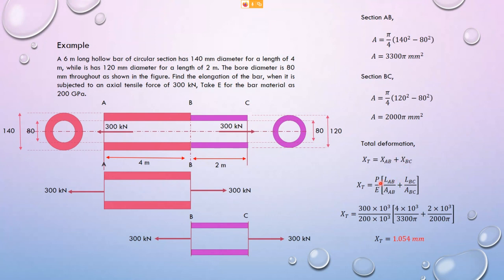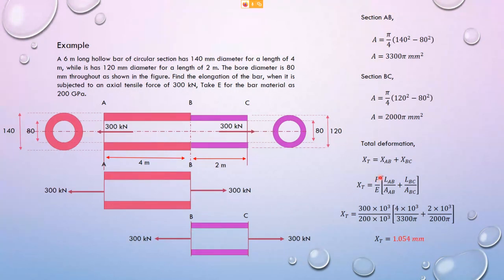Now again, the P, or the F, I have extracted. Sometimes I use F, sometimes I use P. It's the same. For forces, you can use P or F, for the force or the load. I have extracted it from the main formula because the forces acting at both the parts are the same.